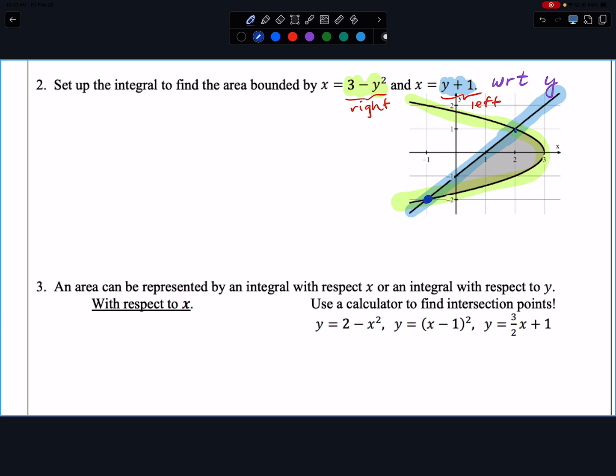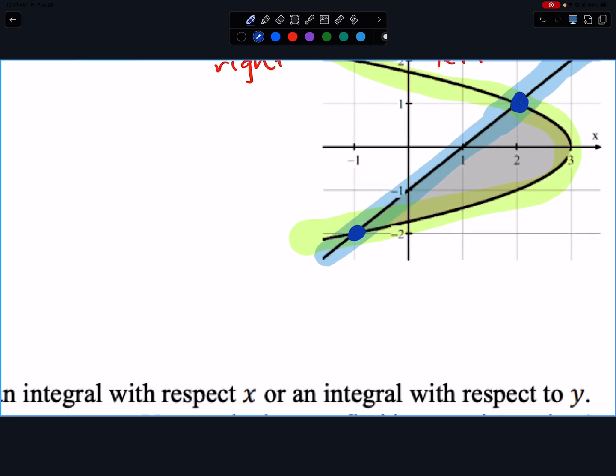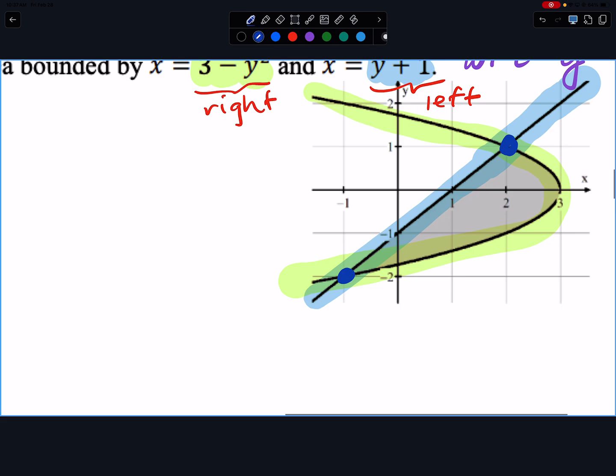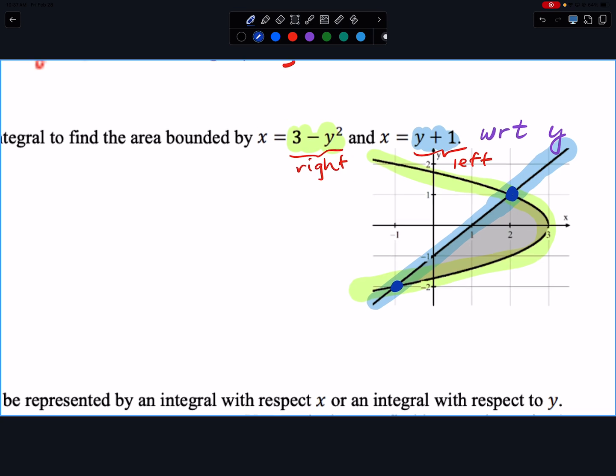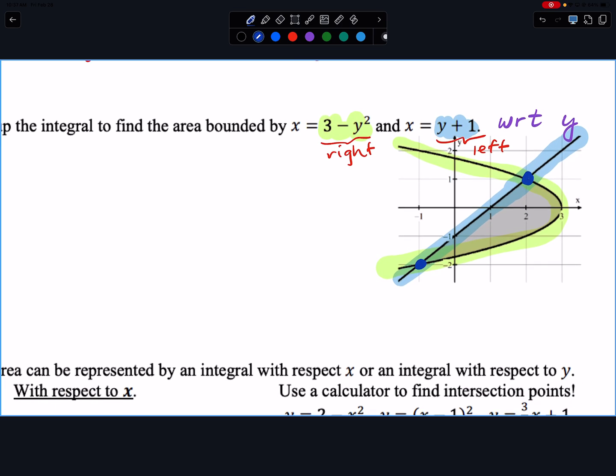And this crosses at a nice value? What I mean by a nice value is, do you see how this is a nice point on the graph? Remember yesterday we practiced doing the intersections on our calculator, but since it's nice numbers, we're good. If we're integrating with respect to y, I need the y values.